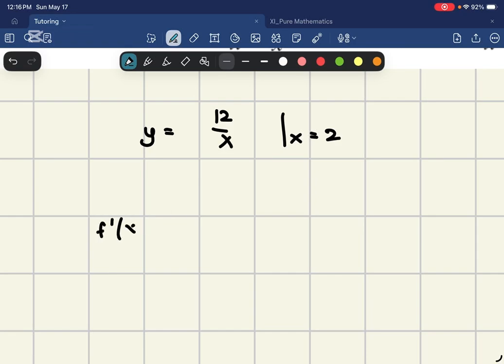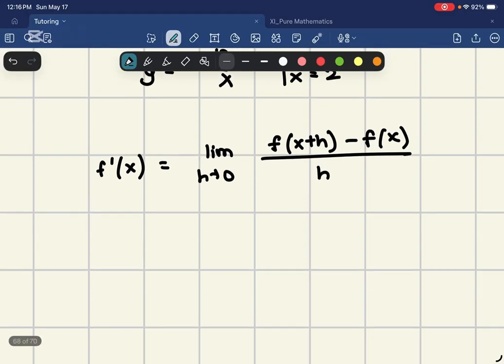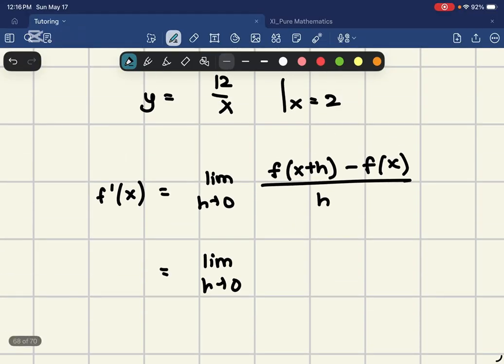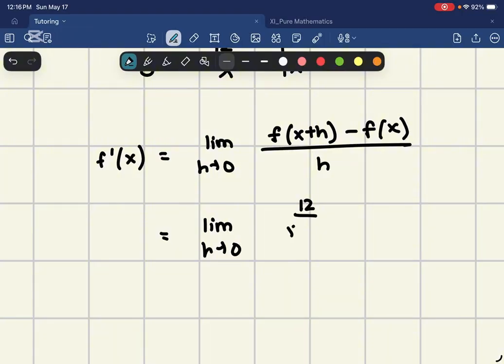Using the definition, we know that f dash of x is limit h tends to 0, f of x plus h minus f of x divided by h. So it is equal to limit as h tends to 0, 12 over x plus h minus 12 over x, divided by h.